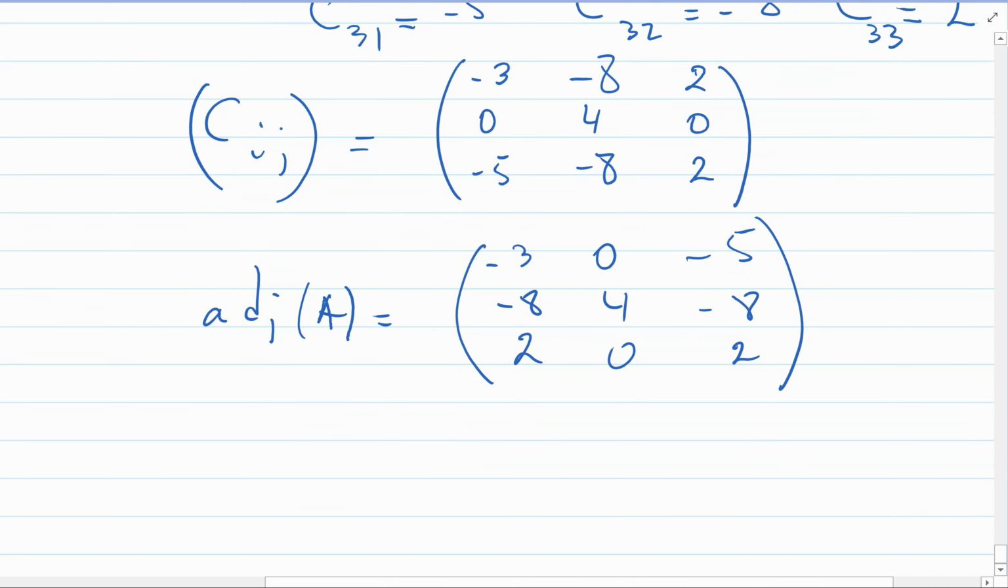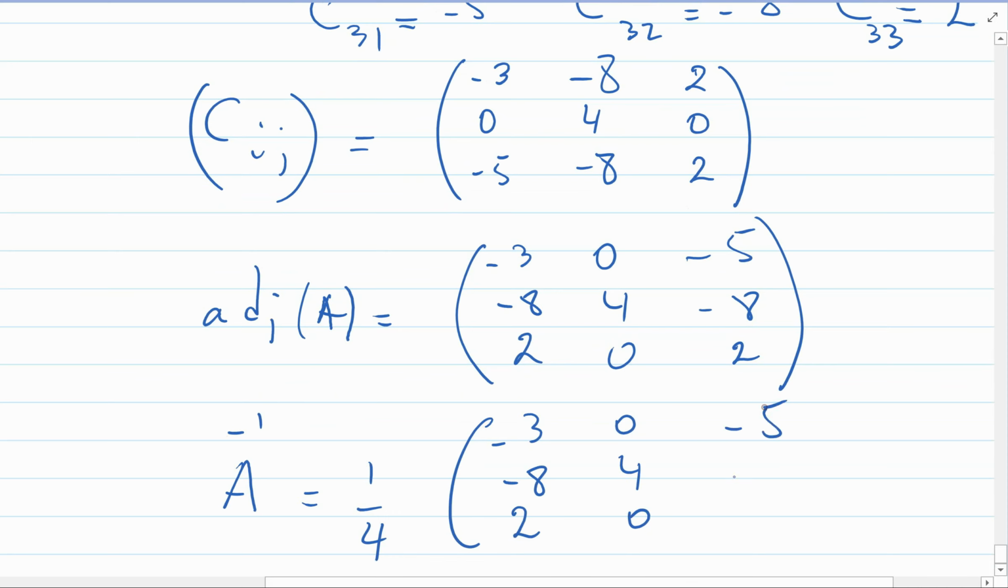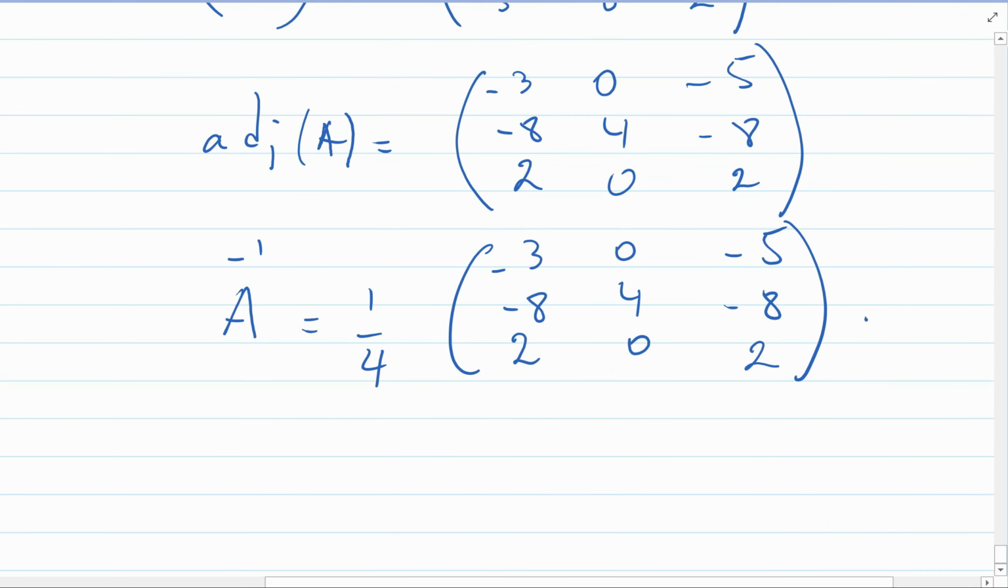So now what is A inverse? A inverse is 1 over the determinant times the adjoint, and we can check that indeed that is the correct answer by multiplying A times A inverse, equal to I3.